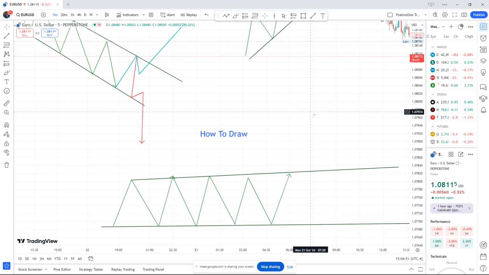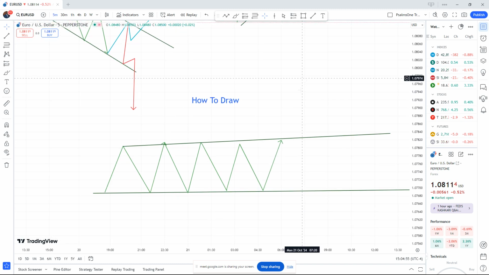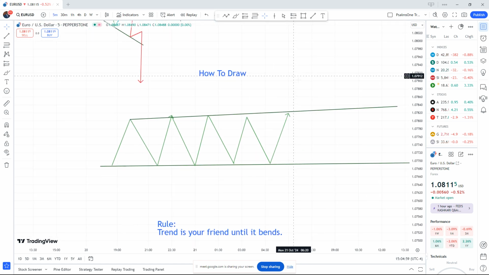Having said that, market goes from range to trend. After you have a range, you always have a breakout. When the market starts with a ranging market, you expect it to break out. Another name for range is consolidation: the market is consolidating.